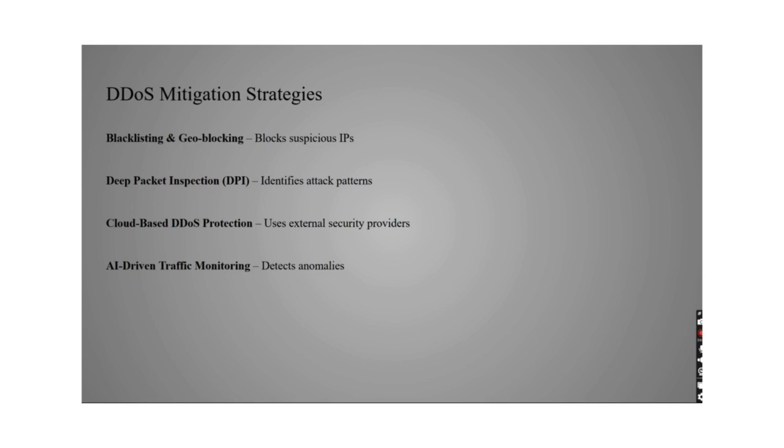Then the third one is cloud-based DDoS protection. It uses external security providers to filter out the attack traffic before it reaches the network. For example, a business routes traffic through a cloud service to block malicious requests. The fourth is AI driven traffic monitoring.